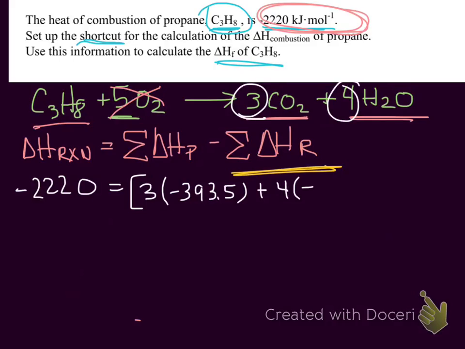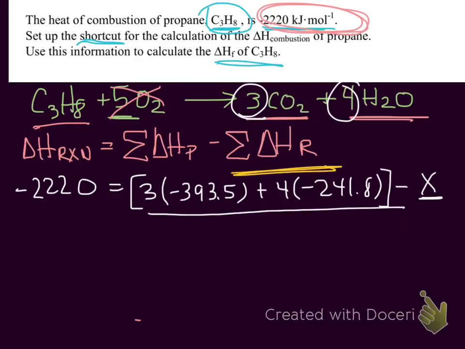And so that's negative, let's look at the value, 241.8, minus, okay, and this is going to be our x. So I'm just going to put this down as x. You could leave it as the sum of whatever delta H. That's what we want to solve for. Okay, so now it's just a matter of adding these values up and solving for x.